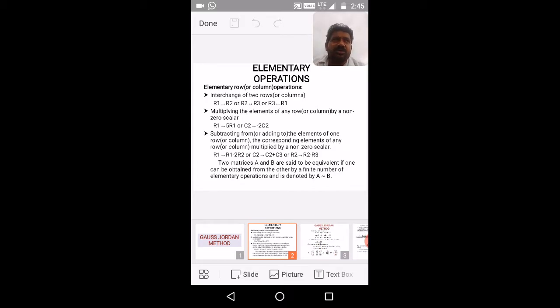Then you have to write the new R1 in the next step of the matrix by multiplying all elements of the second row with 3, then adding them to the corresponding elements of R1. The resultant elements are the elements of the new R1 which have to be put in the matrix.